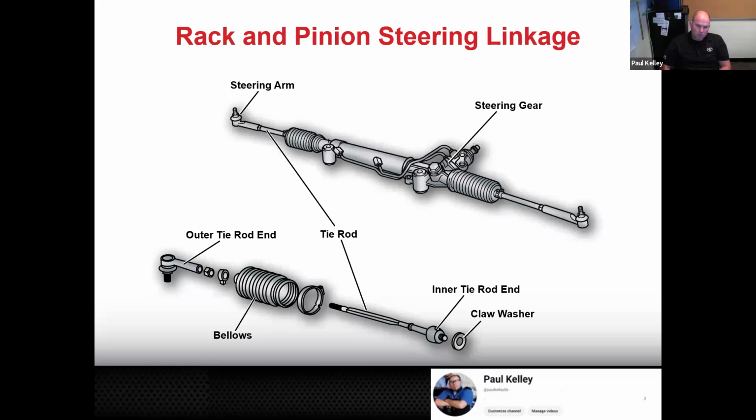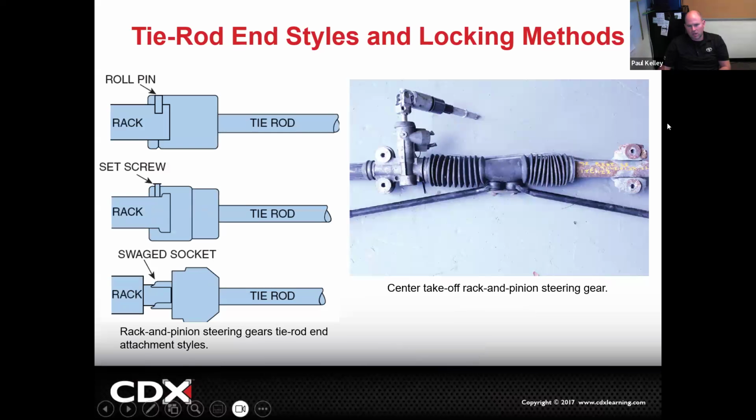All right. Now, the way that those inner tie rods attach, we could do a lot of things. This is kind of a cool one. They call it the center takeoff. We'd actually have inner tie rods that would literally bolt up to a center part of the rack. That's pretty old school. I had seen a few of them. Most of the time, the inner tie rod is going to come in and connect to the rack. We can sometimes use a roll pin.